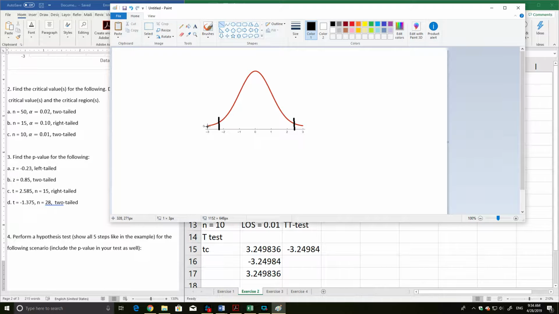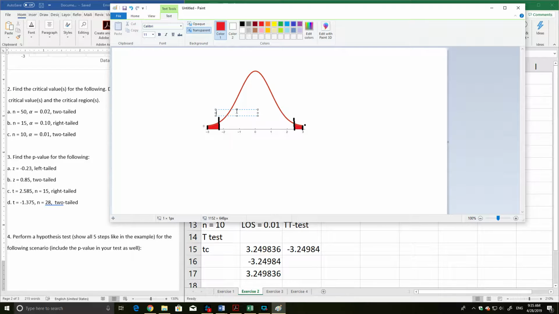So what I'm going to do is just do another line there, another line here. And then I'm going to use a paint bucket to color that region in, just like that. And then I'm going to use the font icon, and I'm just going to type in, that's my critical value. So my critical value was negative 2.32 and 2.32.